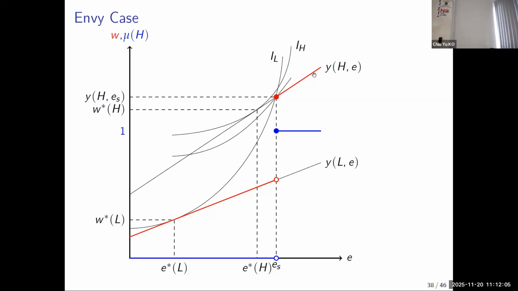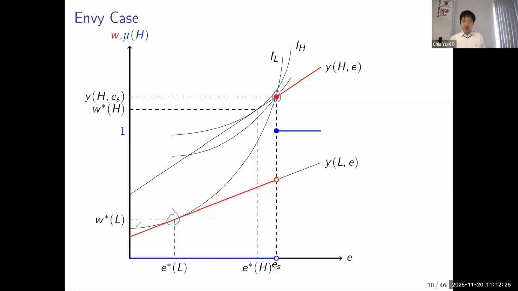Now what we observe is whether the worker will do the way we want. Okay. First, look at the low type. This indifference curve here, right? Will the low type want to mimic the high type? Okay.